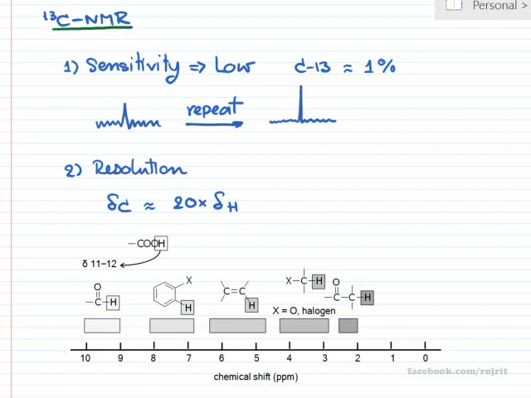So let's say you have an ethane molecule, C2H6, right? Among 100 molecules of C2H6, only 1% of the carbons are carbon-13, so the chance that the neighboring carbon is also carbon-13 is even lower, because the percentage drops to 0.01% by calculation.